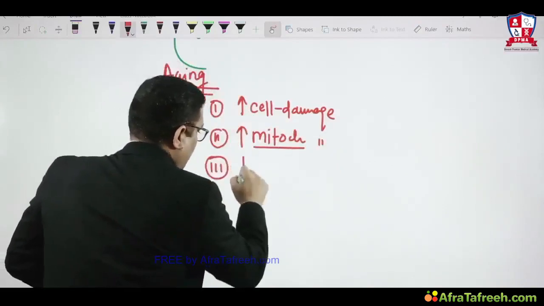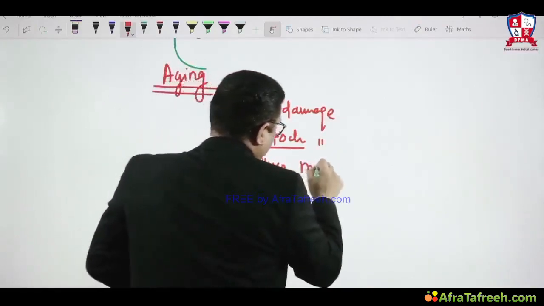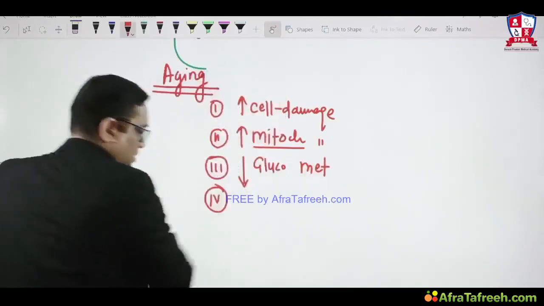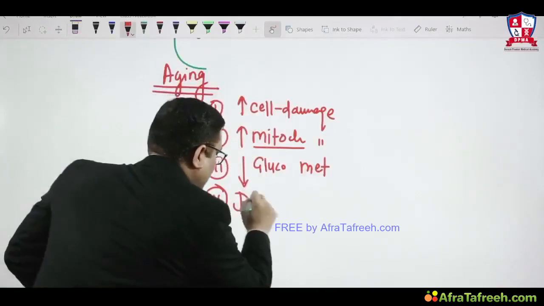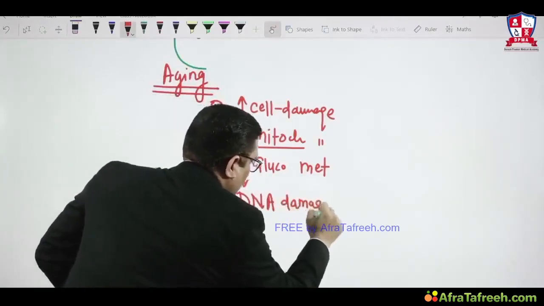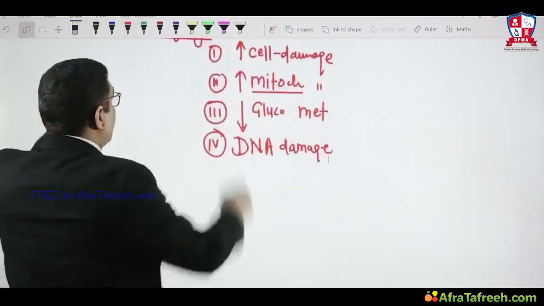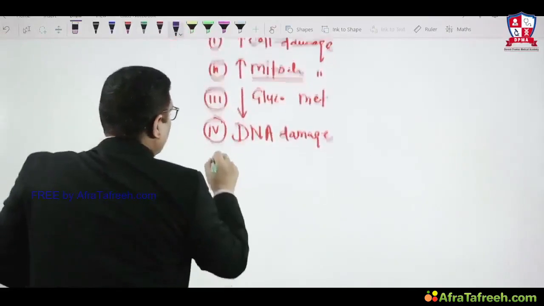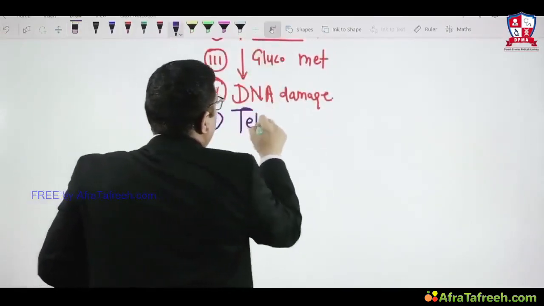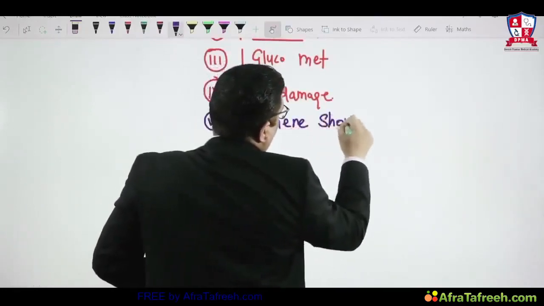There will be a decrease in glucose metabolism. At the molecular level, there will be DNA damage. And one important thing I wanted to mention here is telomere shortening.